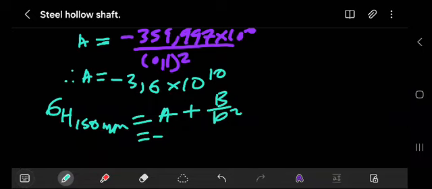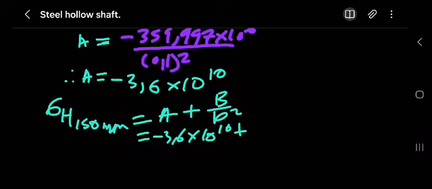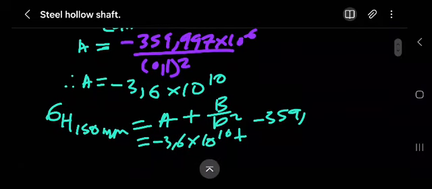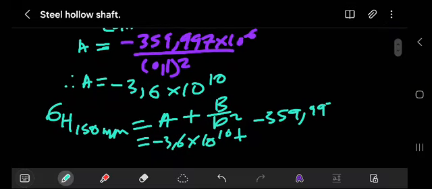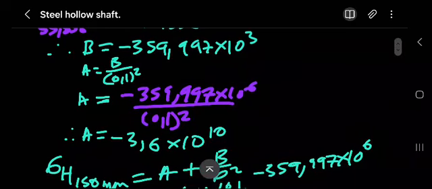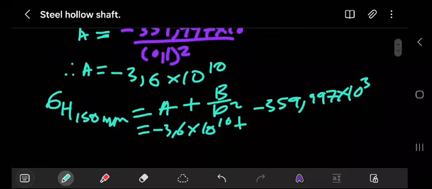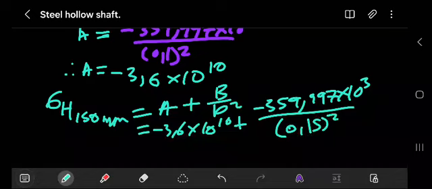A is minus 3.6 times 10 to the power of 10 plus B, negative 359,997 times 10 to the power of 3, then all over 0.15 squared.